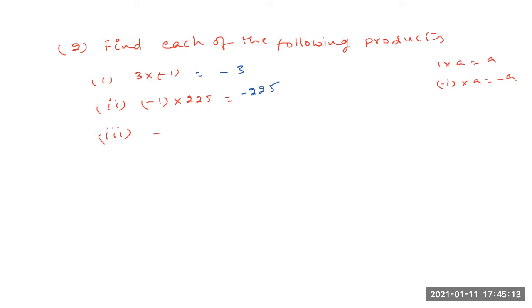Minus 21 into minus 3. First, forget those minuses. First, you can take 21 into 3. 3 ones are 3, 3 twos are 6. That's it. But here two negative integers multiplication, that's why plus 63. Okay.